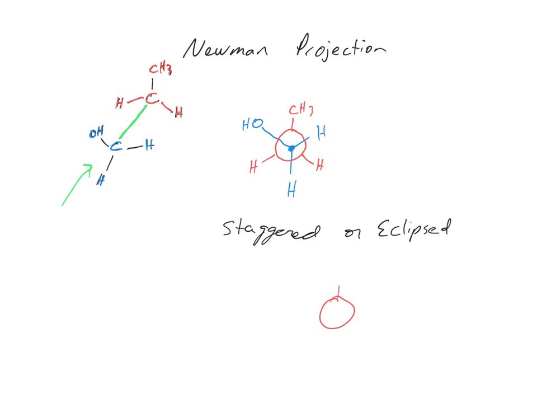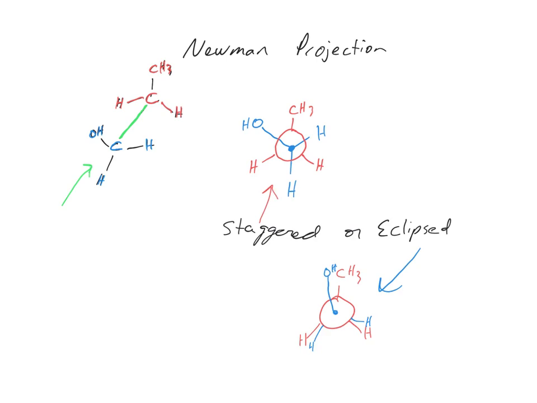We're going to leave those exactly where they are, so I'll keep my CH3 on top, hydrogen down, hydrogen to the other side. Now my OH is going to rotate around. So I'll put my dot here. And even though it's directly stacked, a lot of times we'll write them right next to each other just so that we can actually see them. And so this is my eclipsed. And this is my staggered.